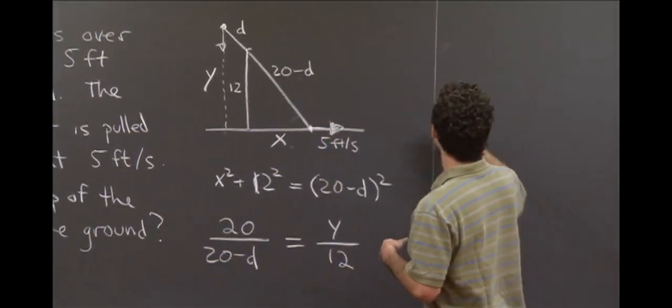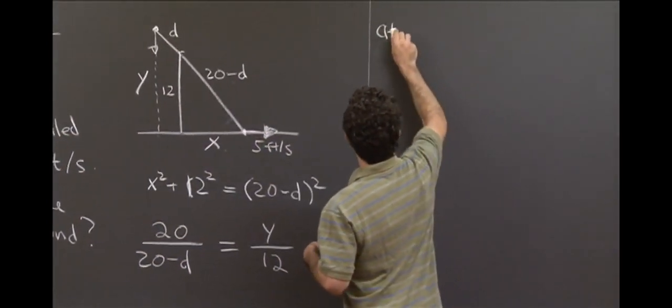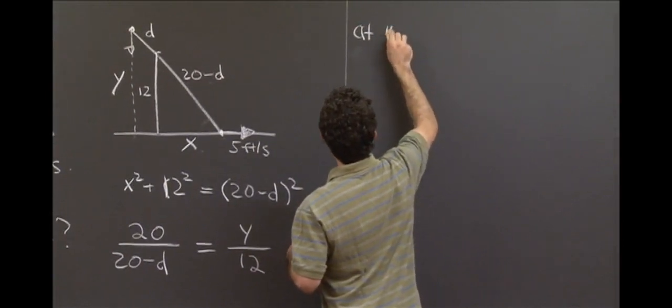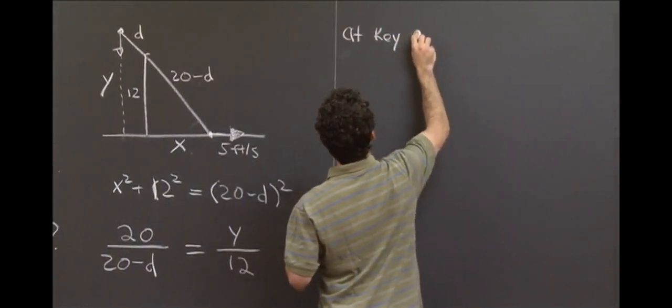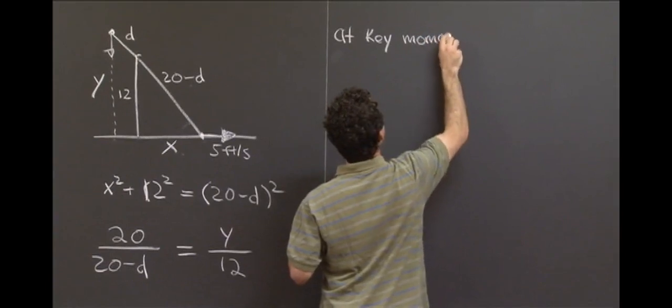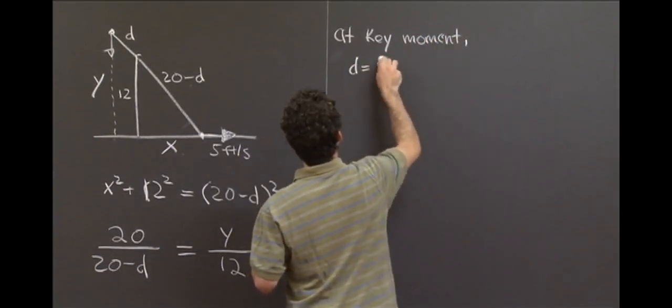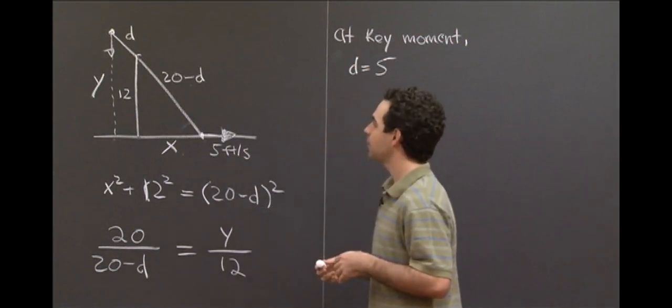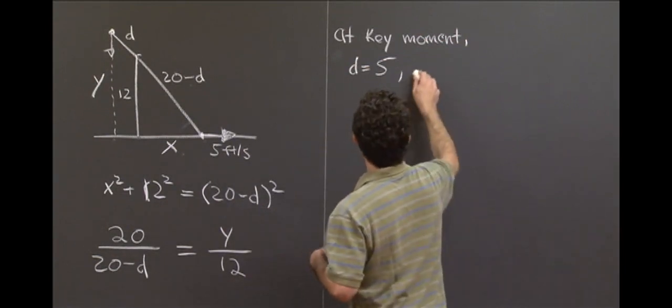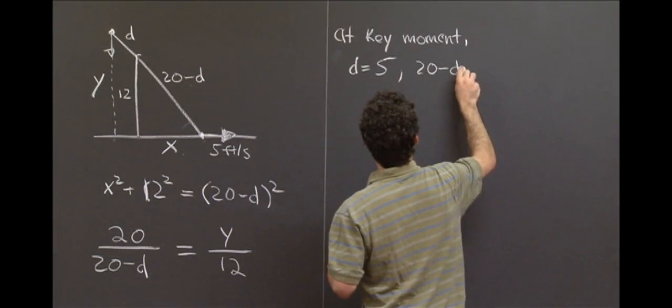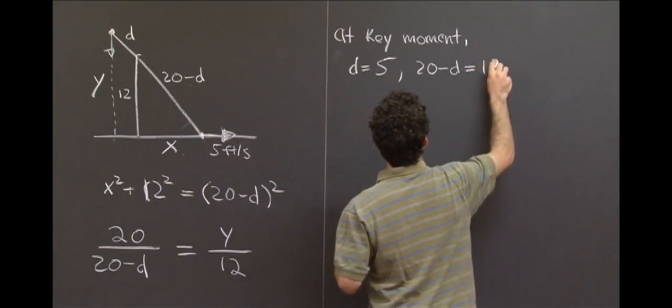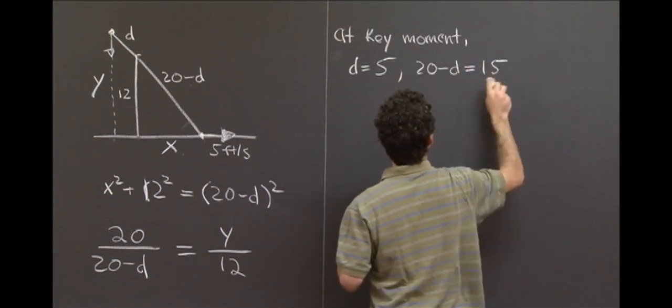So at the key moment, we have that d is equal to 5. Okay, so that means 20 minus d is equal to 15.